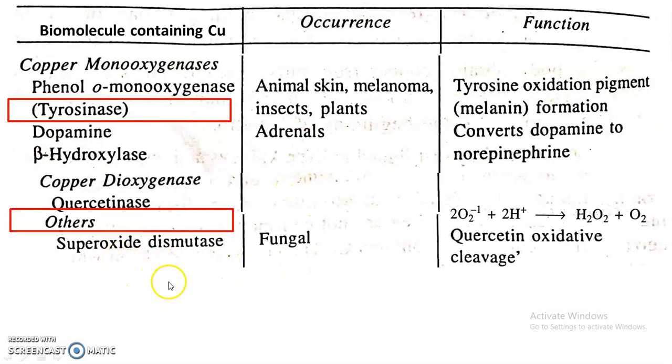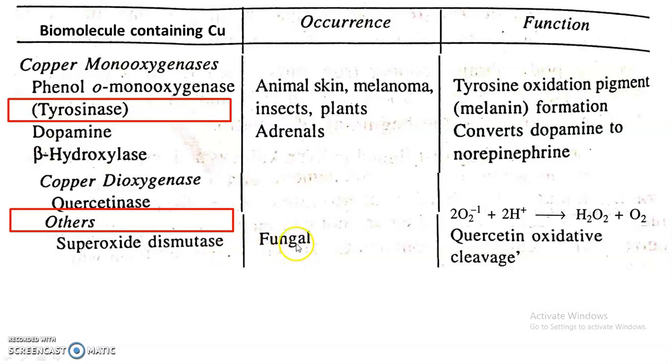Now some of the other biomolecules which contain copper include superoxide dismutase. Superoxide dismutase catalyzes the dismutation or disproportionation of superoxide into hydrogen peroxide and oxygen.